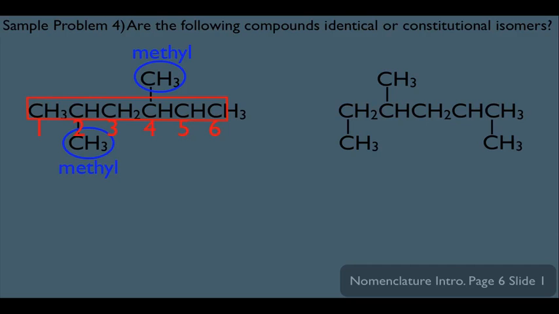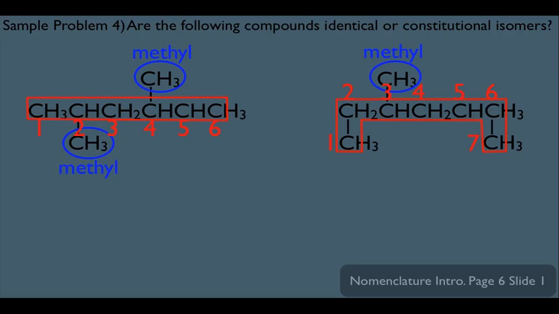Whereas doing the same analysis for the molecule on the right, we end up with this right here as the longest chain, and numbering it correctly, we would end up having a total of 7 carbons in the longest chain, and only 1 substituent.